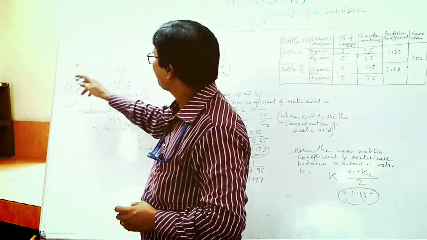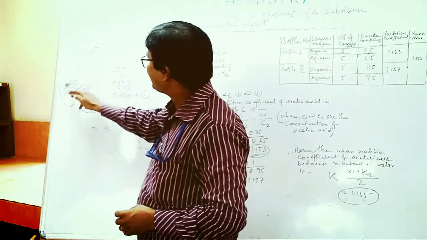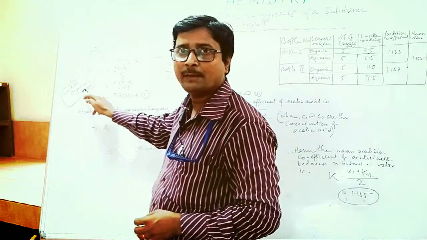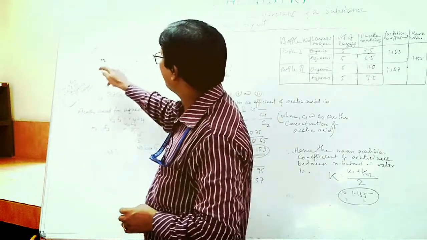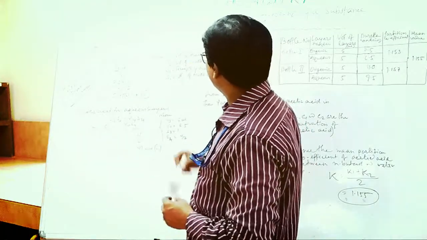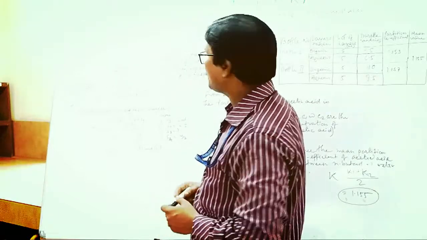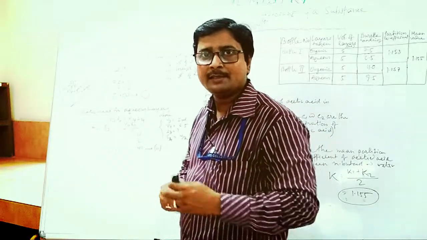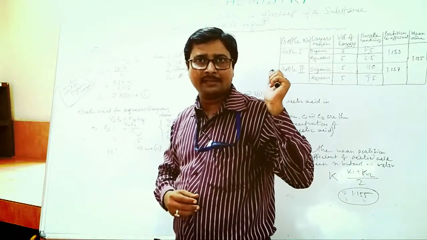For bottle 1, first of all you have to calculate acetic acid in the organic layer. We have to find out the strength of acetic acid for the organic layer using the formula V1S1 = V2S2. V1 is the volume of acetic acid, which will be 5 ml. We are preparing 5 ml. V2 is the volume of NaOH solution, that will be 7.5, the burette reading according to that table.